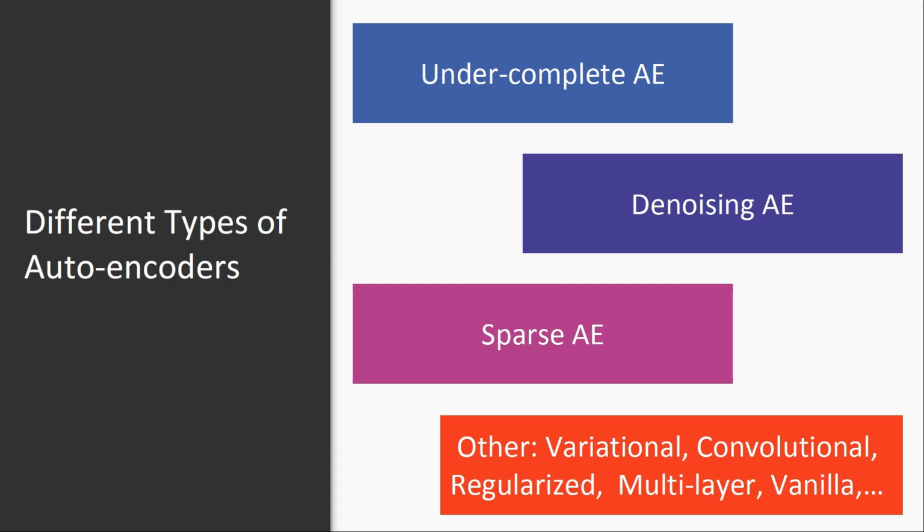There are different types of autoencoders: the undercomplete autoencoders, the denoising, the sparse autoencoders, variational autoencoders, convolutional autoencoders, regularized autoencoders, multi-layer, and the vanilla autoencoders. And this list goes on and on.